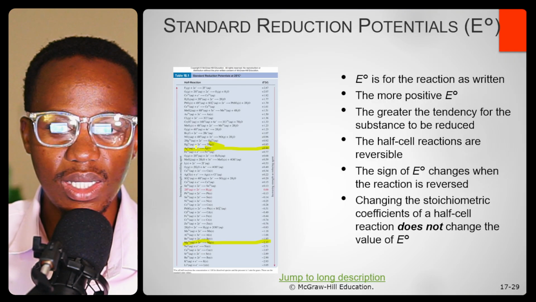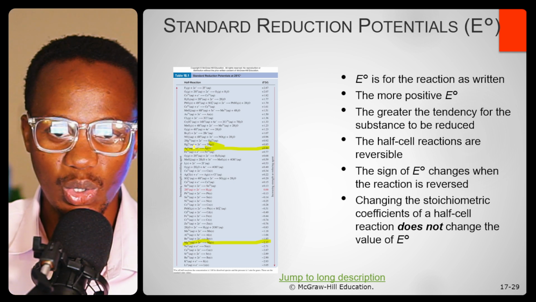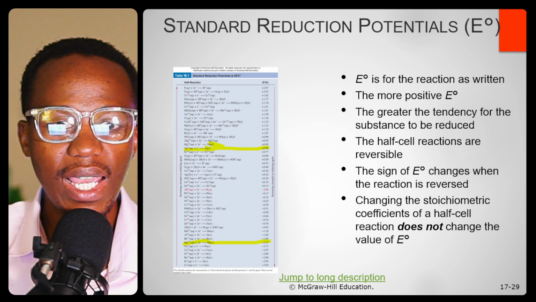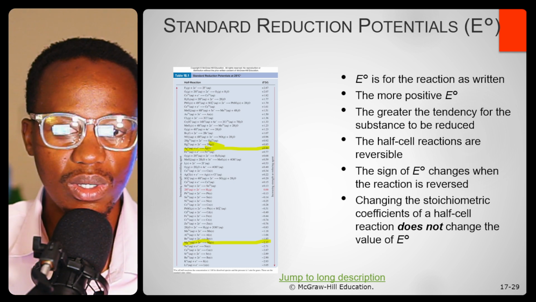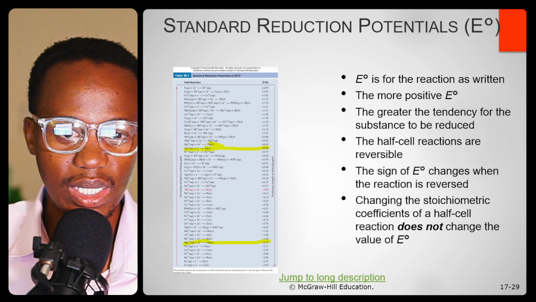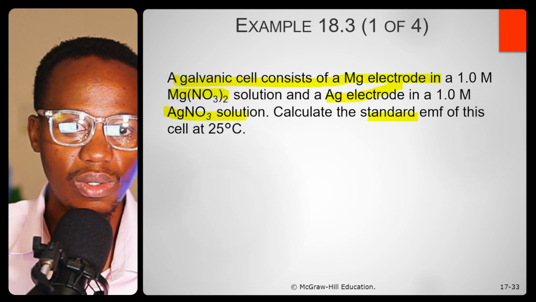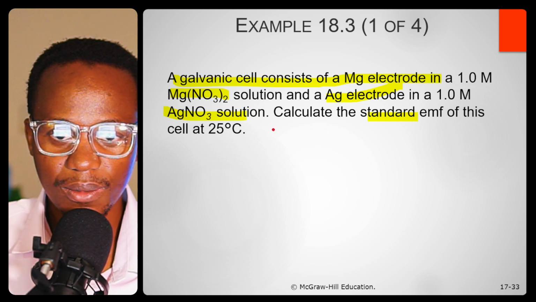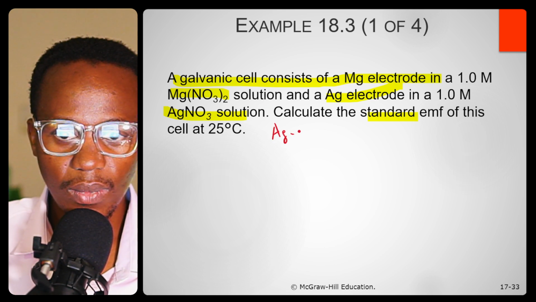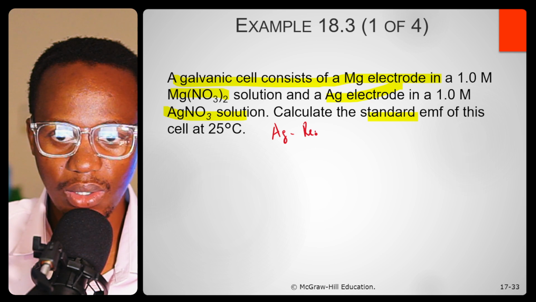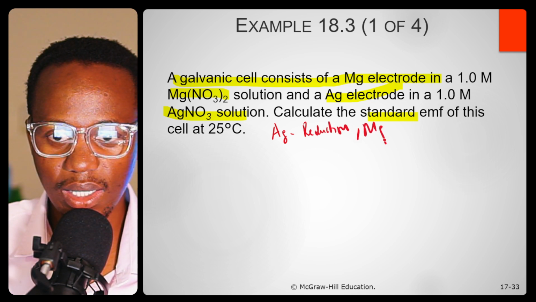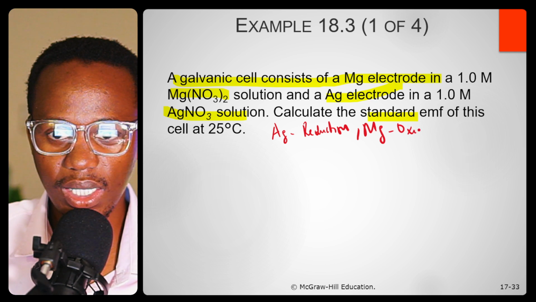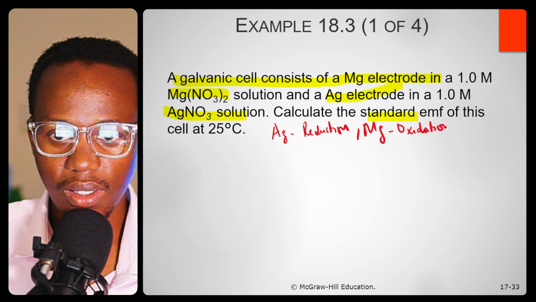So which one is bigger? 0.8, right? So that means that Ag+ undergoes reduction, magnesium undergoes oxidation, right? So going back here, I'm going to be like, okay, Ag+ to Ag undergoes reduction, and then magnesium undergoes oxidation, right?